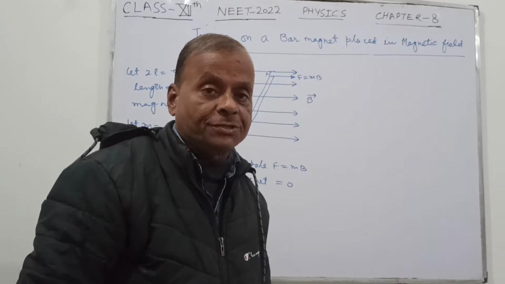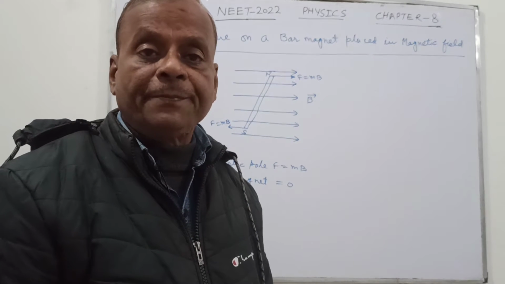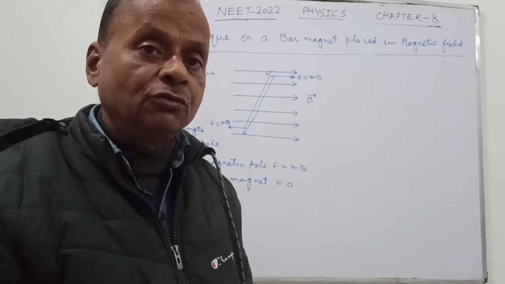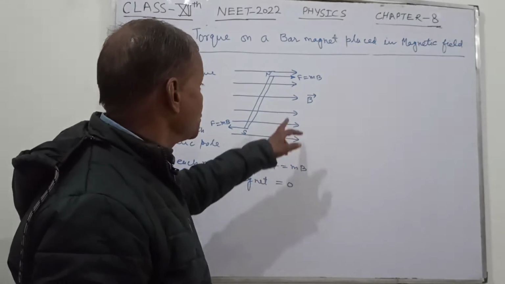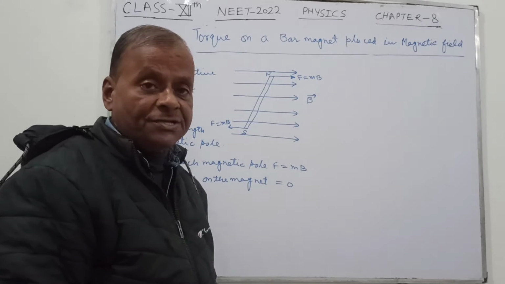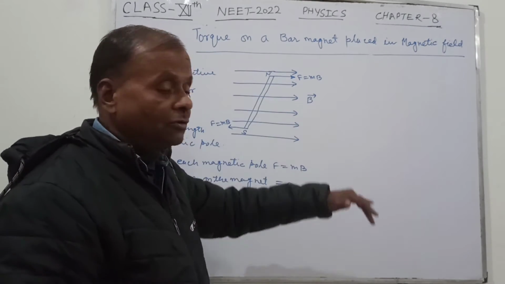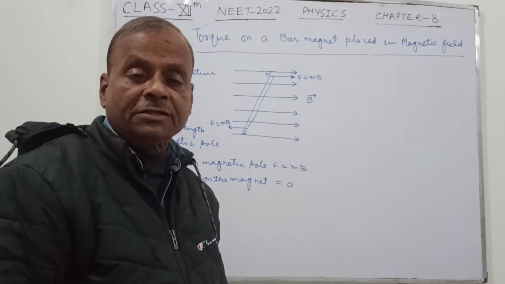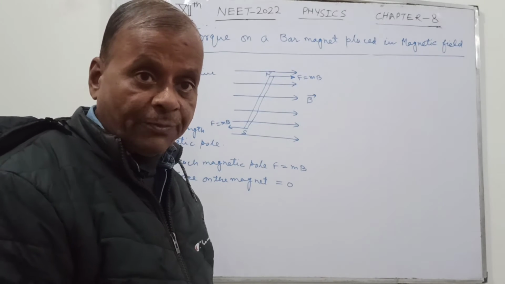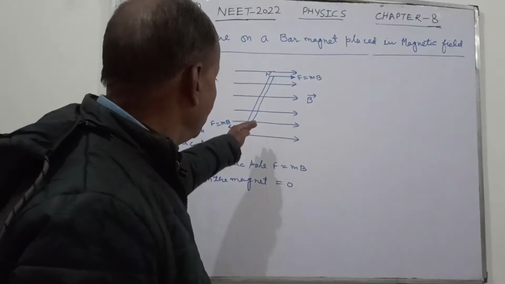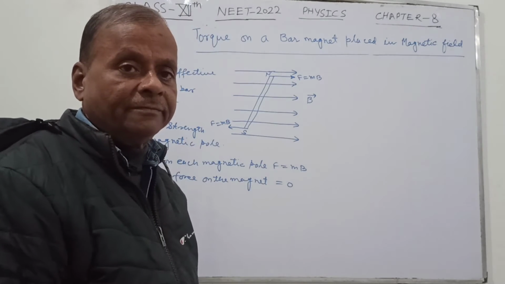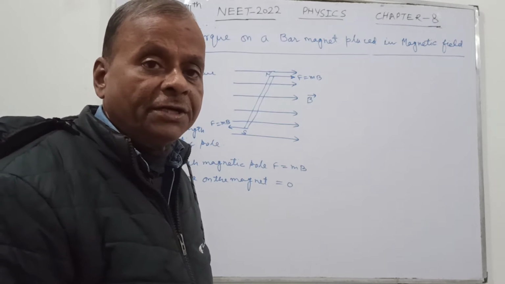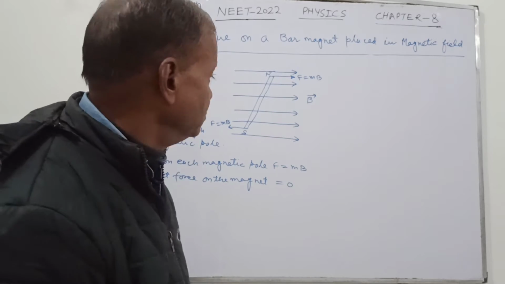But these forces constitute a couple. Because of that, the magnet starts to rotate. Now this force has the tendency to rotate it along the direction of the magnetic field, while this force has the tendency to rotate this dipole opposite to the magnetic field. So these two forces have the rotating or the turning effect.